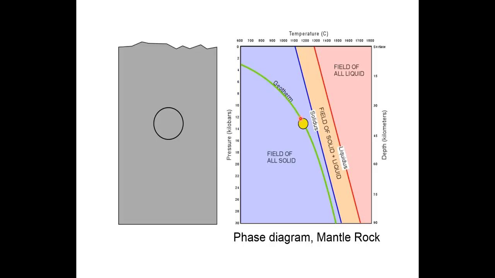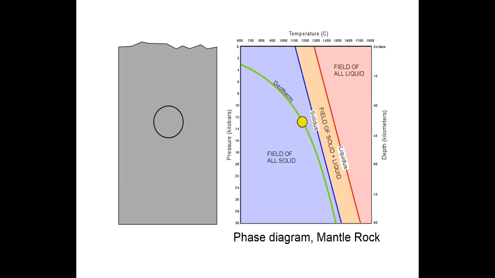Now, if the rock rises really slowly, there's enough time for heat to leak out of this big blob of rock, and it will equilibrate with its surroundings, and therefore, in terms of its temperature-pressure position on the phase diagram, it will continue to lie along the geotherm.